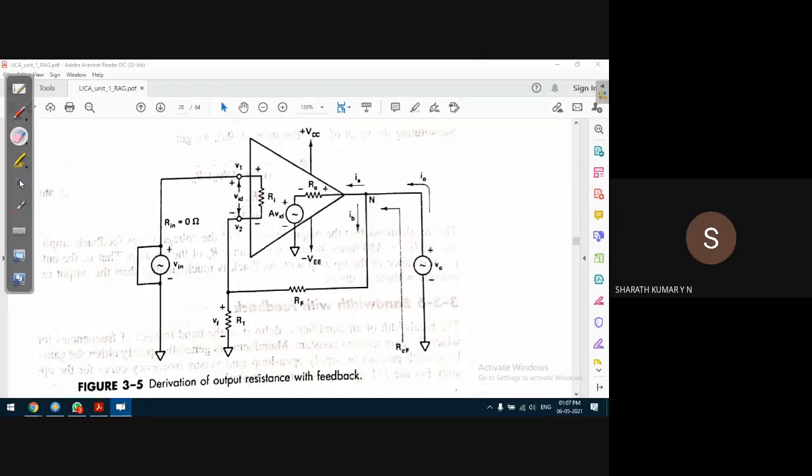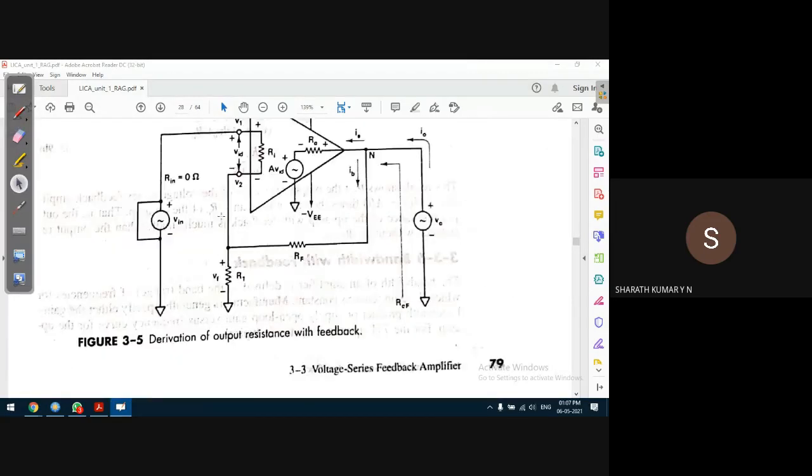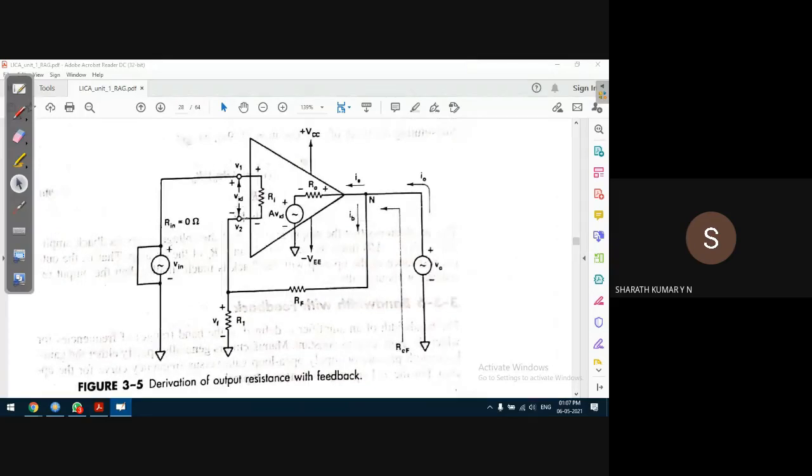Just a second, let me check this expression. IA plus IB. It's IA, no? IA is flowing into the op-amp. It is represented here. IA is not given here.